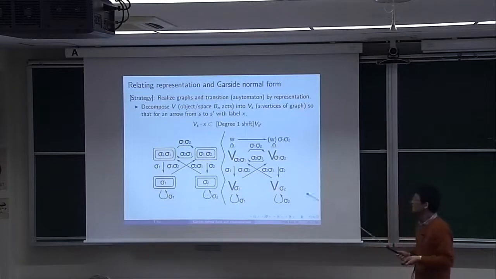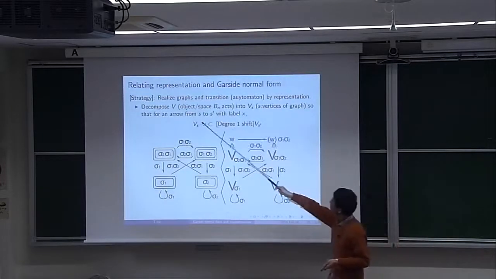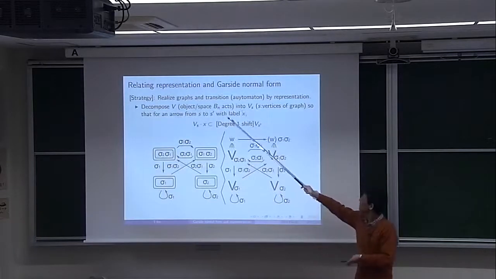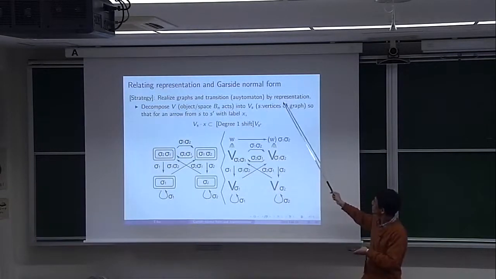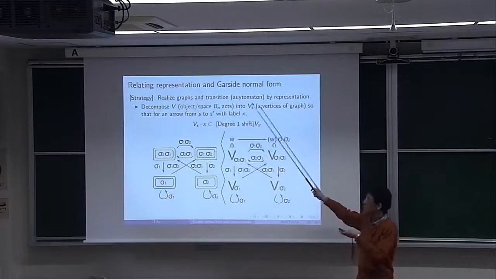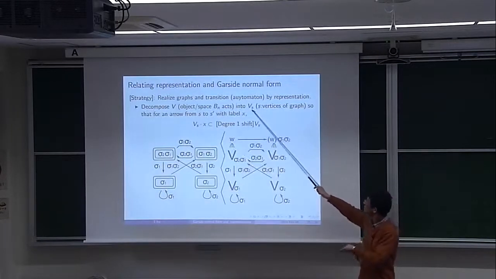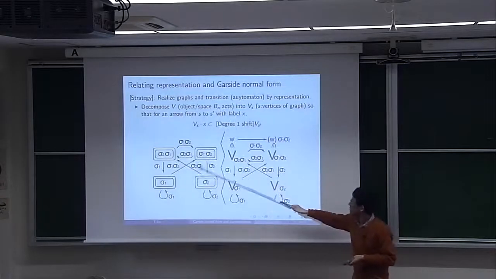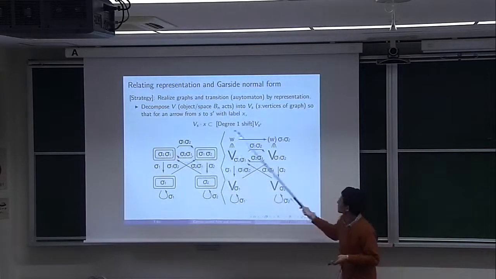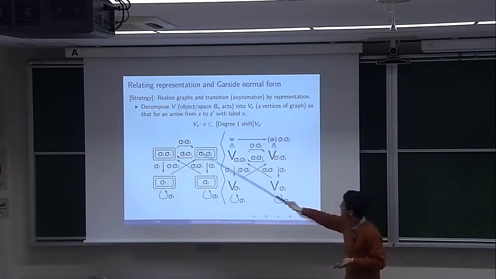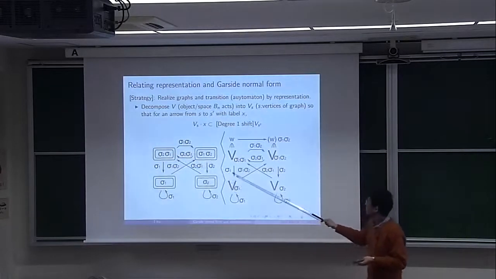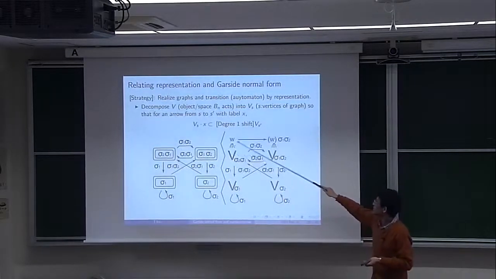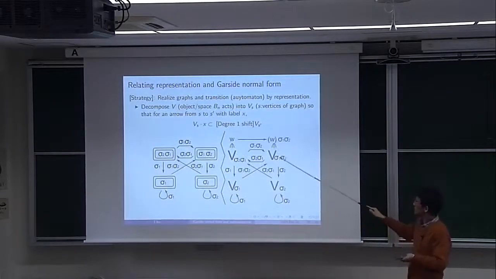Then the strategy is as follows. We realize the graph and its transitions abstractly by using a representation. Say, assume that the braid group Bn acts on V. Then we decompose V into subspaces or sub-objects, anyway, decompose our action into smaller pieces, so that when we have a transition, the transition is realized in the decomposed space.